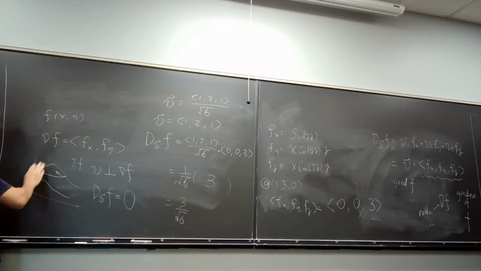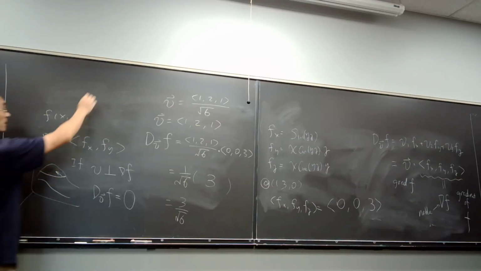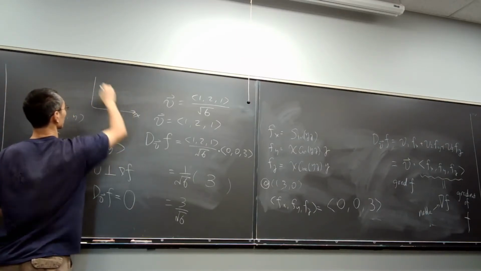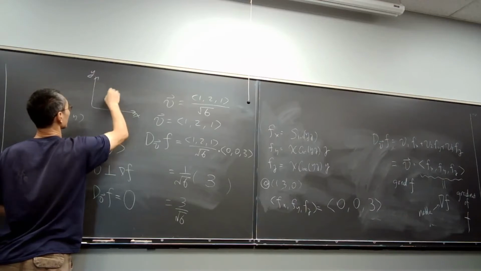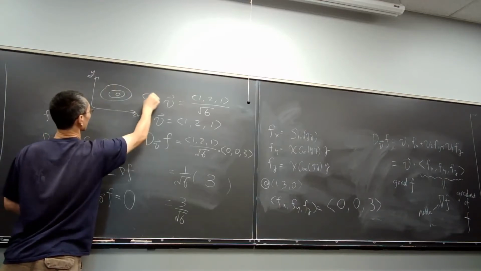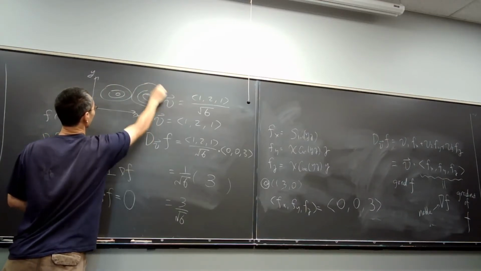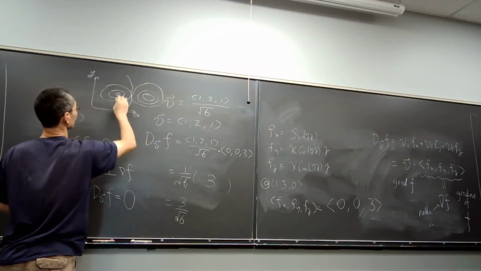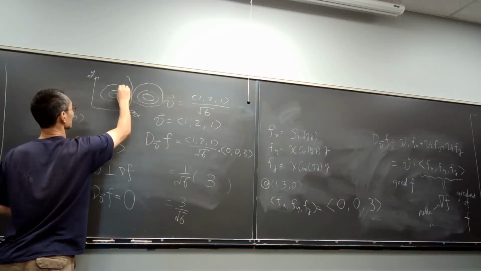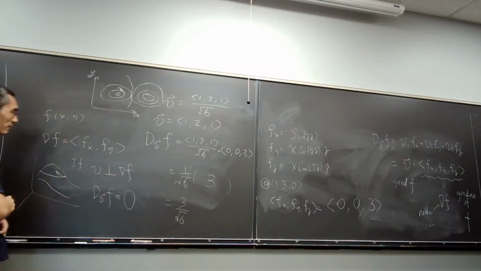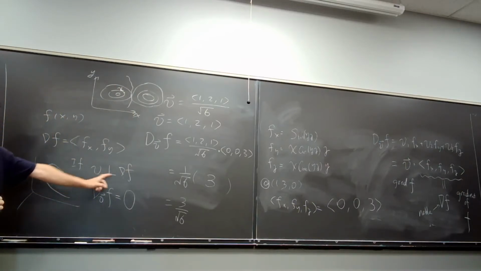So if I plot this 3D picture in a contour plot, like that, then you can see this must be the direction of v that is perpendicular to the gradient of f.